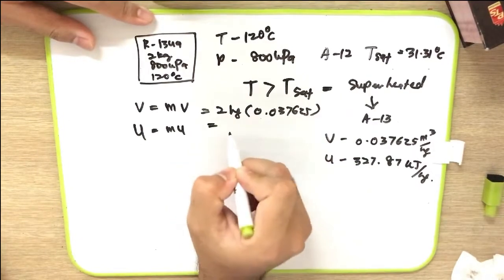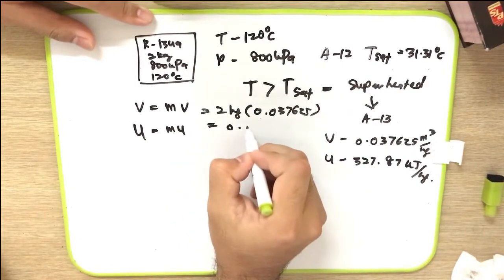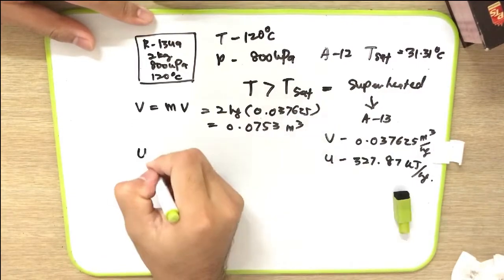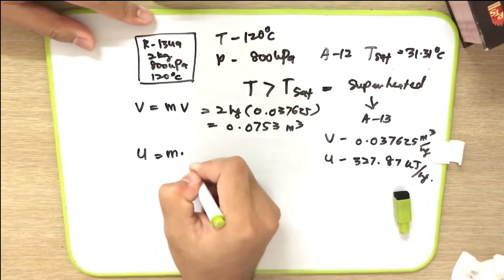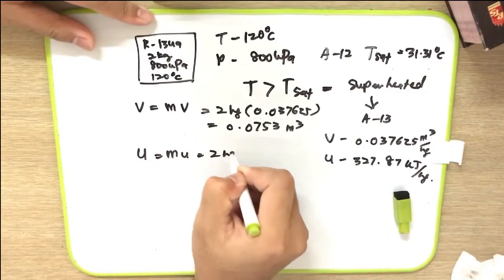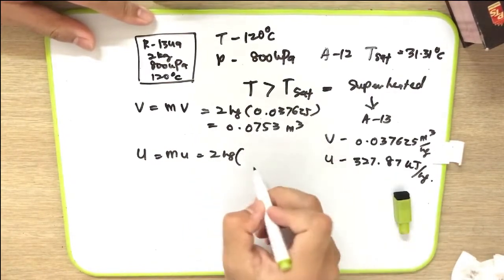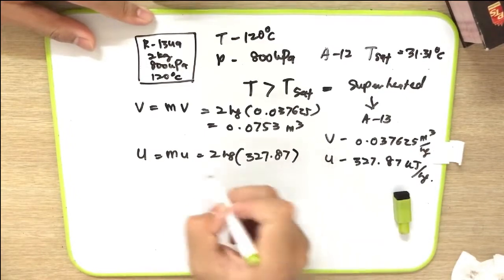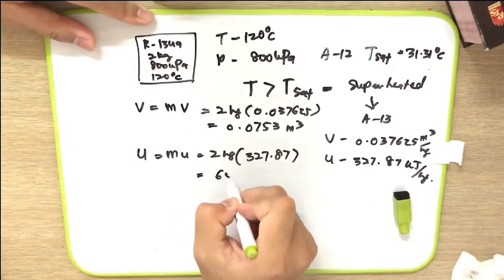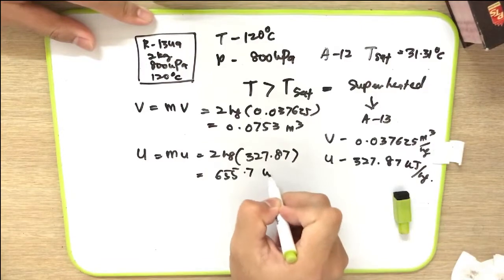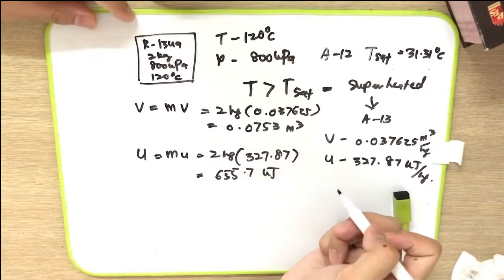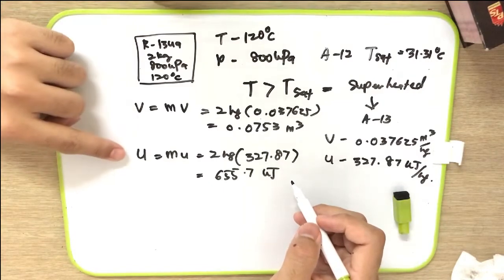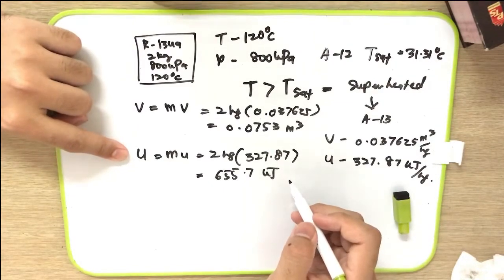So we will get 0.0753 for the volume. For U, let's go to m times u, is equal to 655.7 kilojoule. So that's how we find the volume and also the total internal energy.